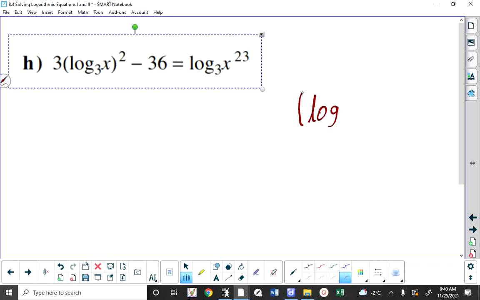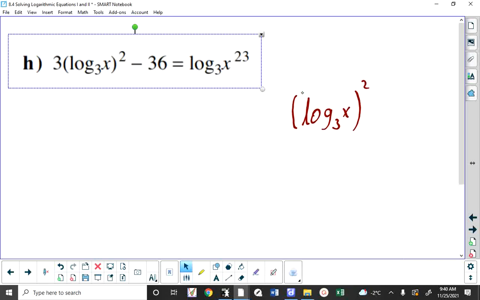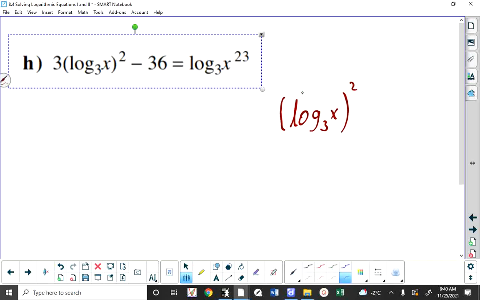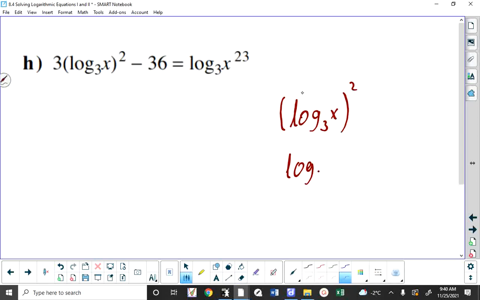Log base 3 of x quantity squared, compared to log base 3 of x raised to the 2. When you see this, Evan, you know this is what it means, right? It's just the sloppy nature of the way people have developed notation for logarithms.